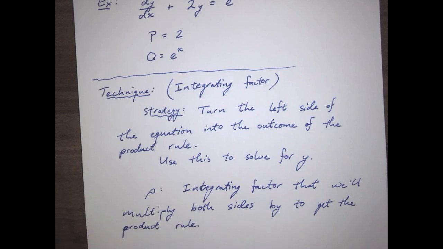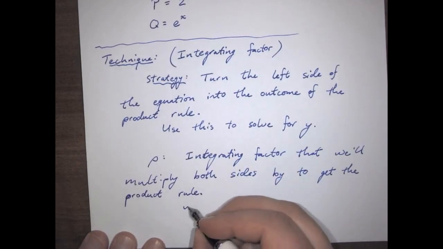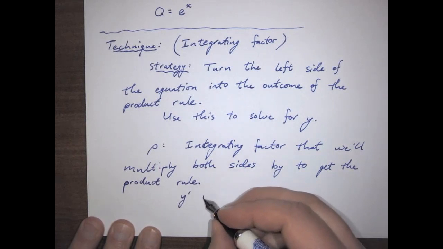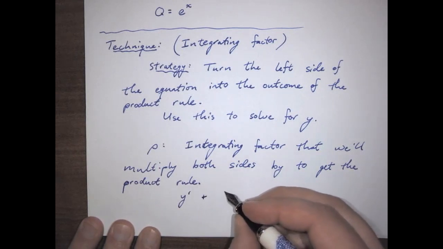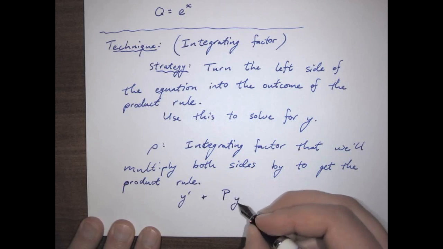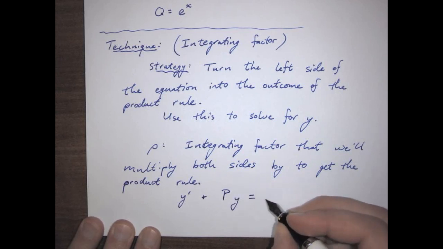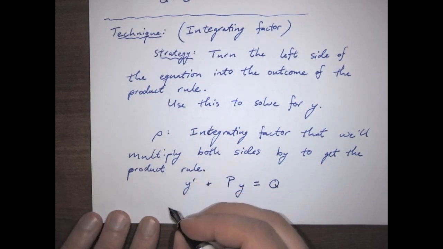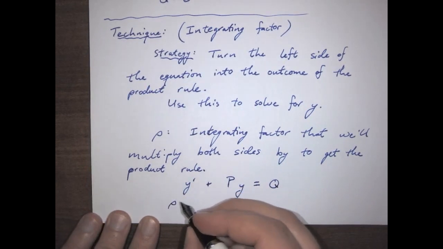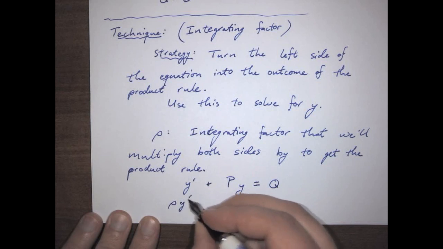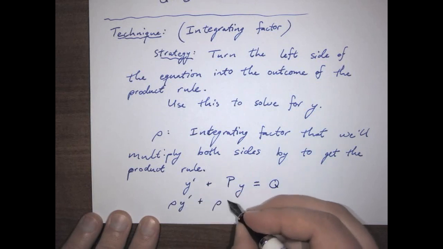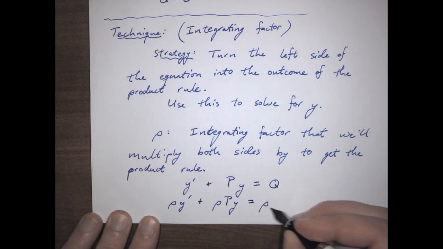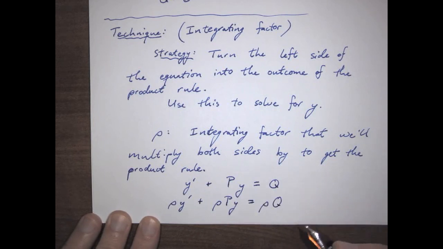So in other words, we'll take y prime plus p y is equal to q, and we'll multiply both sides by rho. That means it's going to be rho y prime plus rho p y is equal to rho q.